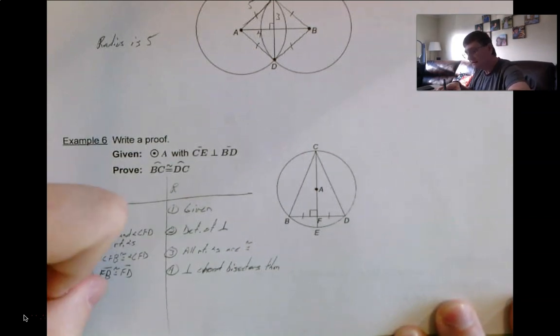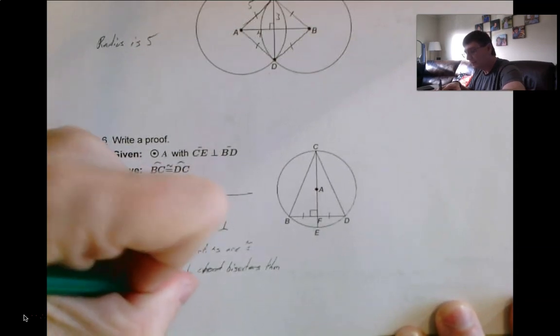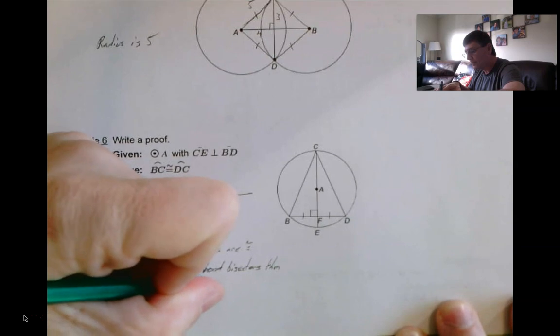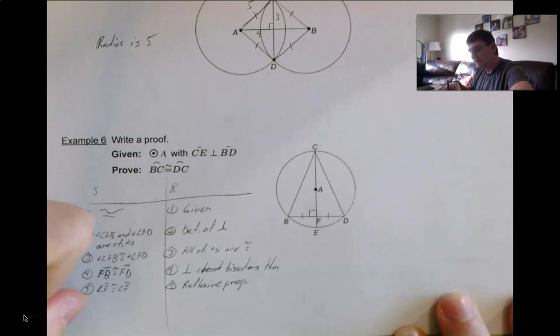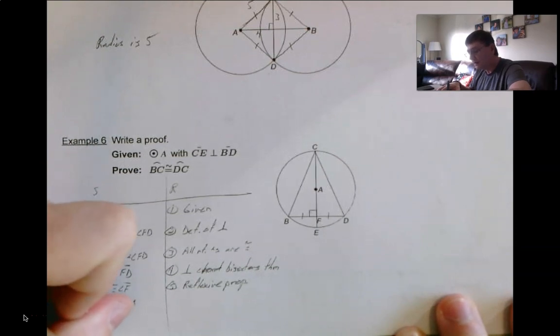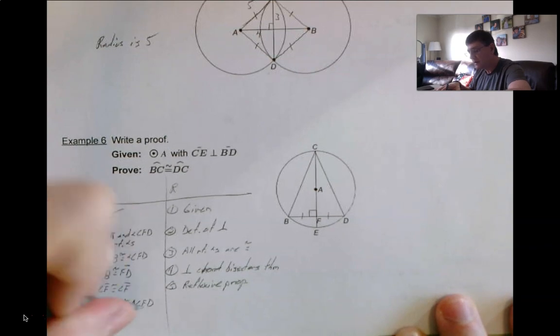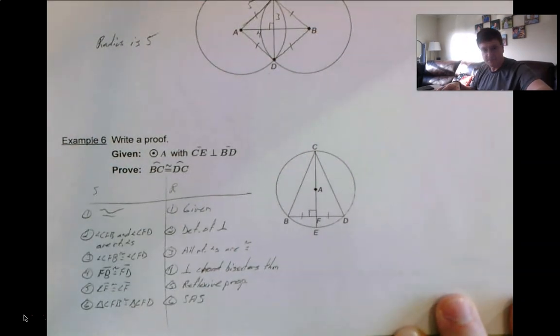Statement 5, CF is congruent to CF, reflexive property. Statement 6, triangle CFB is congruent to triangle CFD, side angle side.